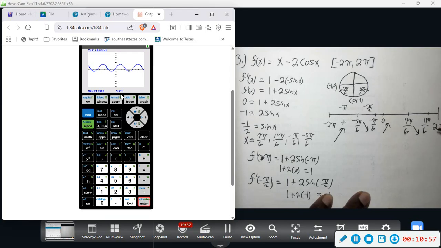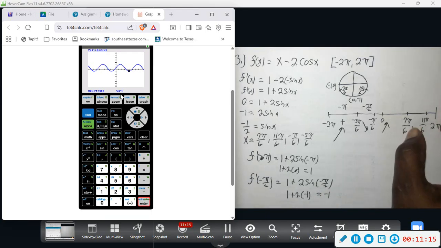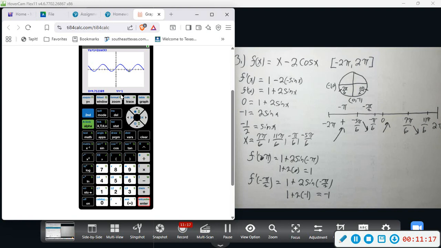And then if I look at between 11 pi over 6 to 2 pi, that's one that I don't have. So I'm going to just take this 11 pi over 6, add it to the 2 pi, and just find the midpoint. So I'm going to just say, take these two, add them together, and divide by 2.